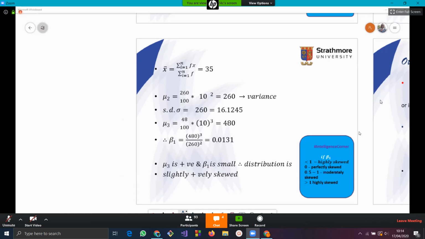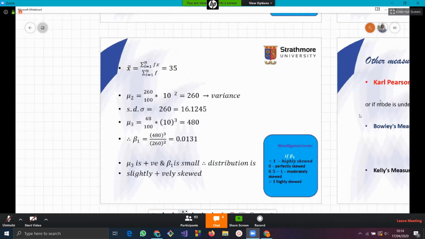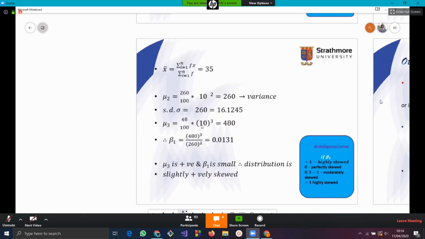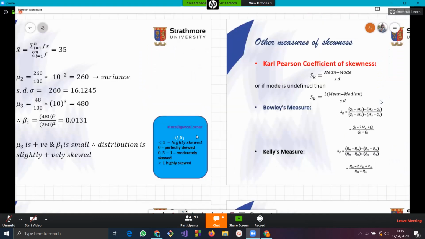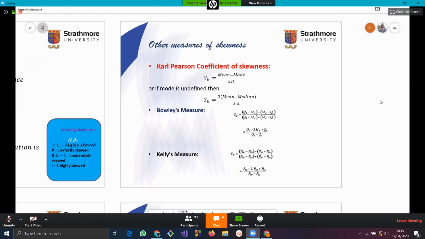After finding the moments, there are other ways of measuring the skewness of a graph: the Karl-Pearson coefficient, Bowley's measure, and Kelly's measure. I don't use those ones. I just use the moments, which are actually perfect and easy.